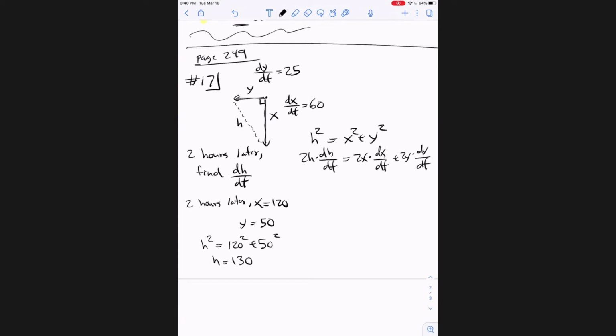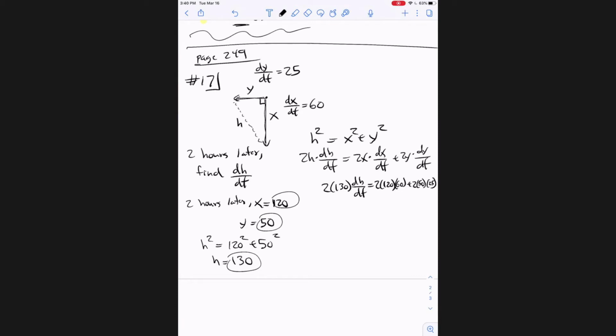So anyway, you're going to plug in the 130, the 50, the 12, and the 120 into the problem here. So 2 times 130 times dH over dt equals 2 times x, which is 120, times dx over dt, which is 60, plus 2 times y, which is 50, times dy over dt, which is 25.